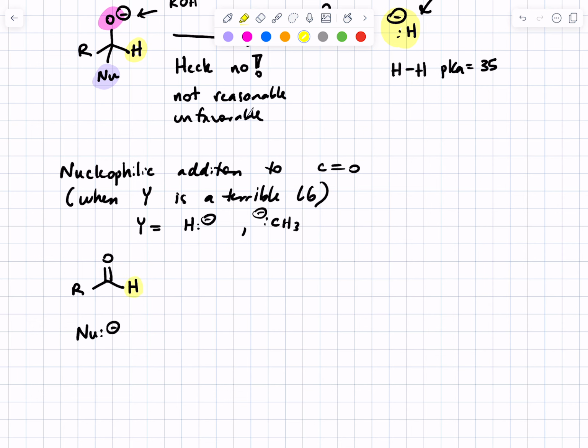Here's your Y group. Here's your nucleophile. Nucleophile attacks the pi star, breaking the pi bond to get this tetrahedral intermediate. Then you ask the question, what's next?